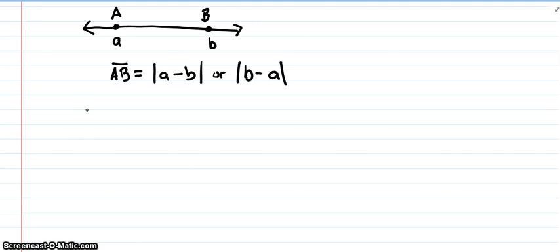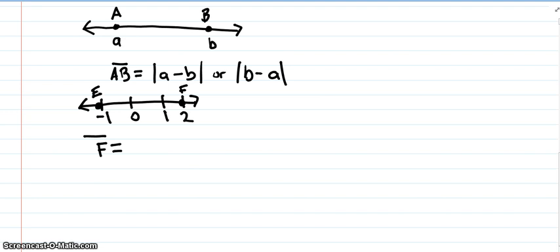So let's say that we have our number line and we're dealing with the values -1, 0, 1, and 2. And we want to know the distance between E and F. So EF is going to equal, and we can do it two ways.